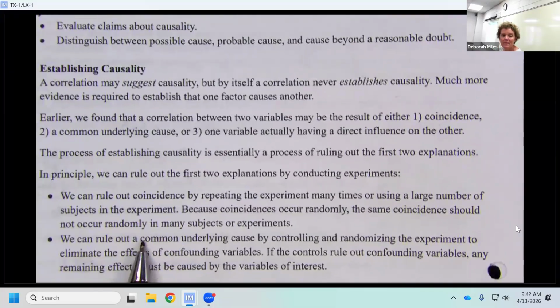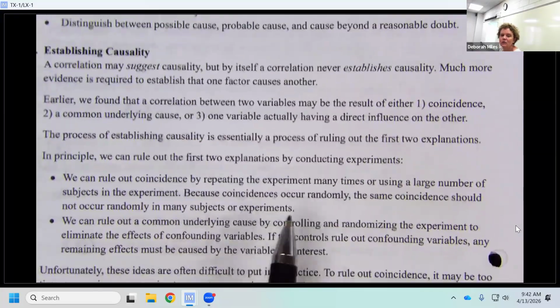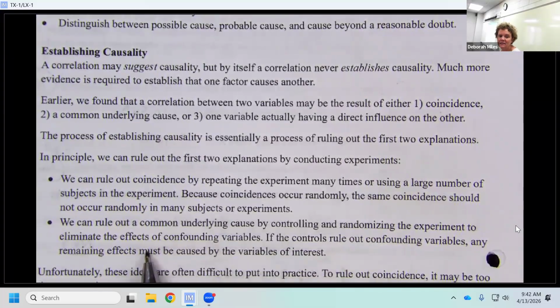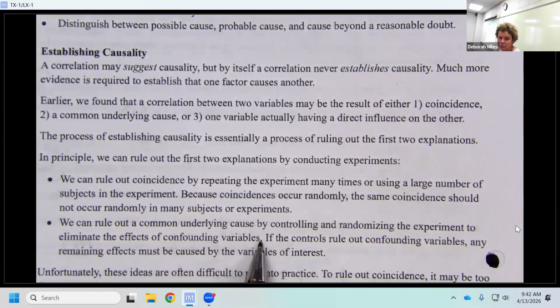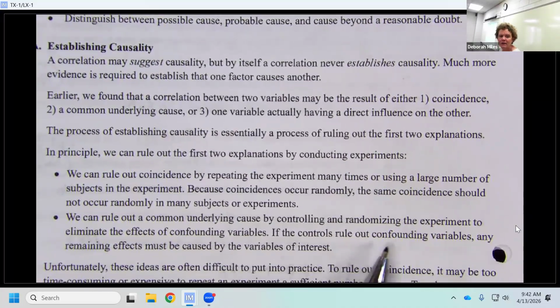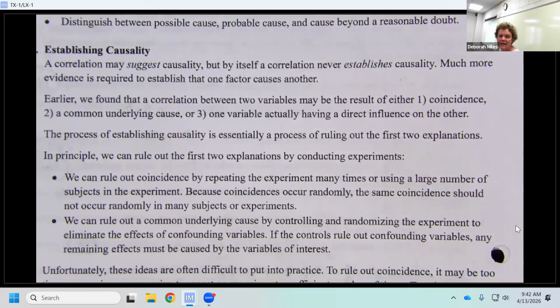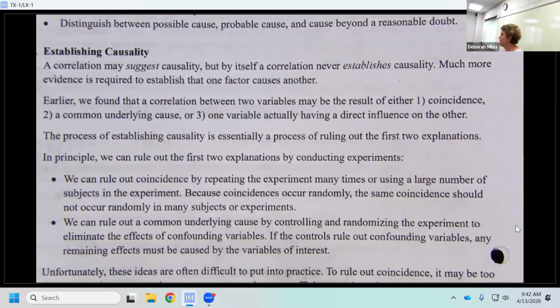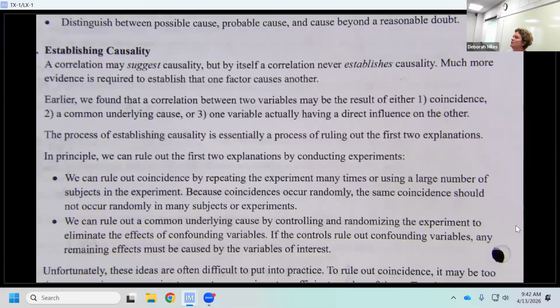We can rule out a common underlying cause by controlling and randomizing the experiment to eliminate the effects of the confounding variables. If the controls rule out the confounding variables, any remaining effects must be caused by the variables of interest.